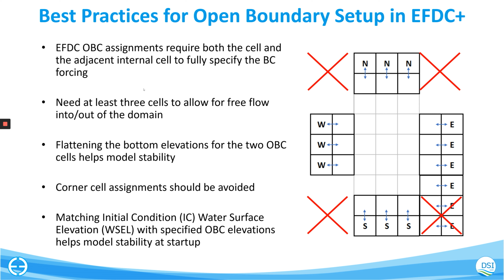What you want to do is notch out 2 to 3 cells around each corner. Say your open boundary is kind of a square here. You want to notch those out. And then also, you want to flatten the bottom elevation for the 2 interior cells. So whatever the bottom elevation of this cell is, we would have the same bottom elevation in this cell and in this cell here. And that will allow a smooth transition into the model domain for that open boundary.